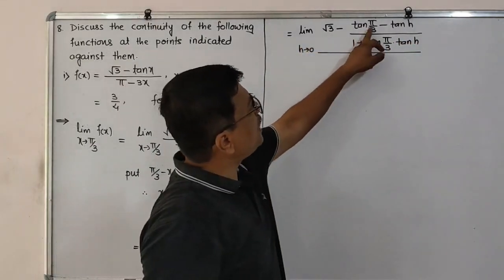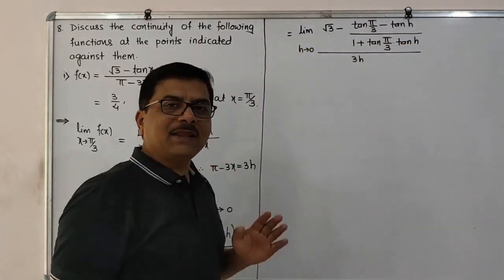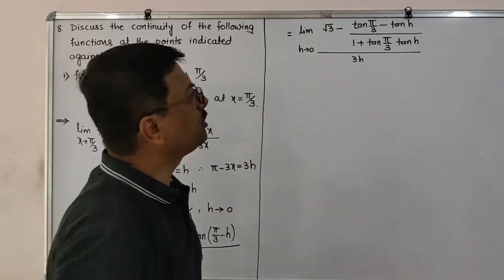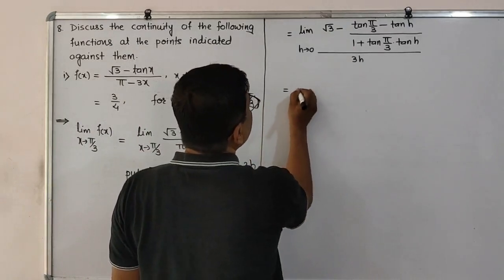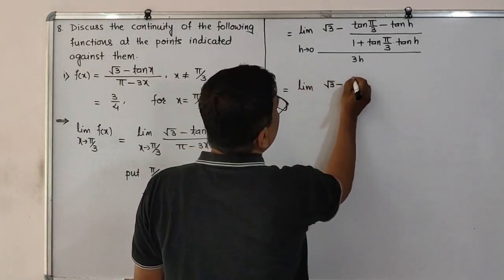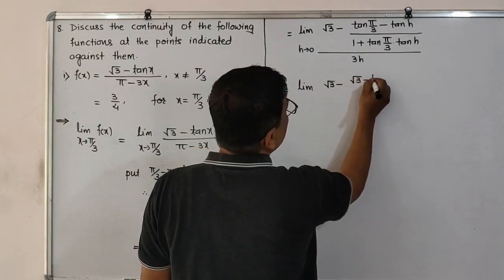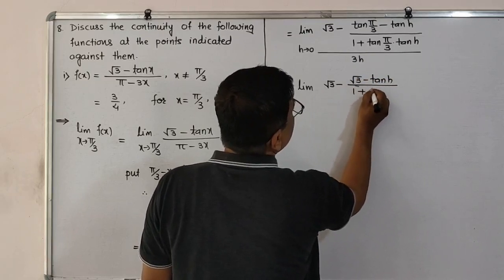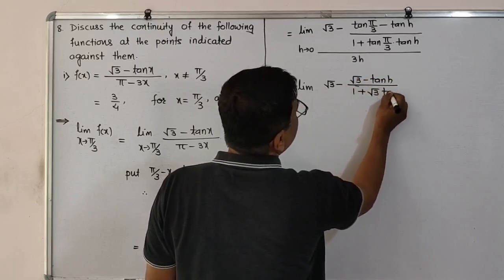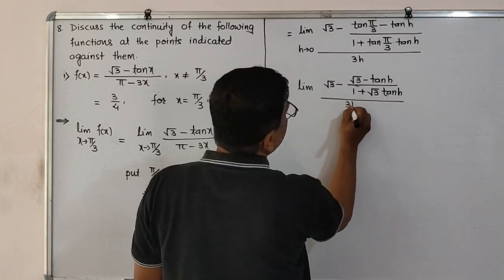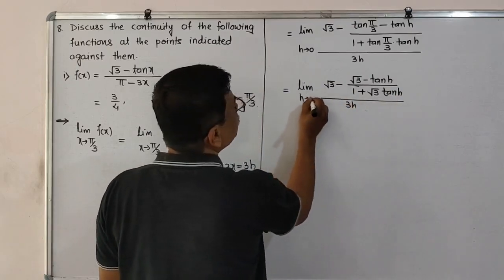Now substitute the value of tan pi by 3. We know that tan pi by 3 means tan 60 degrees, and tan 60 degrees is root 3. Therefore, it is the limit of root 3 minus (root 3 minus tan h) divided by (1 plus root 3 tan h), divided by 3h as h tends to 0.